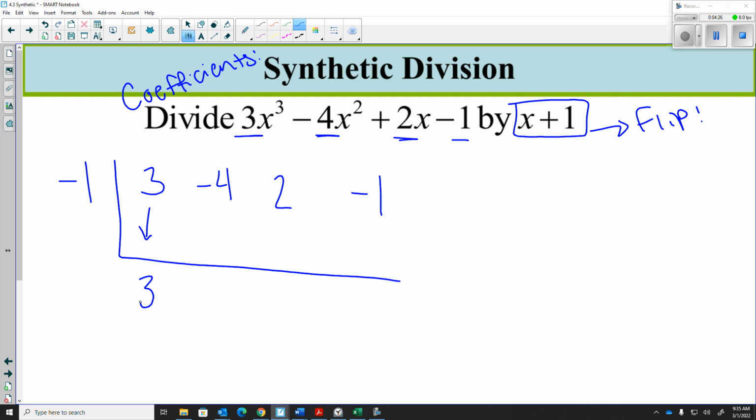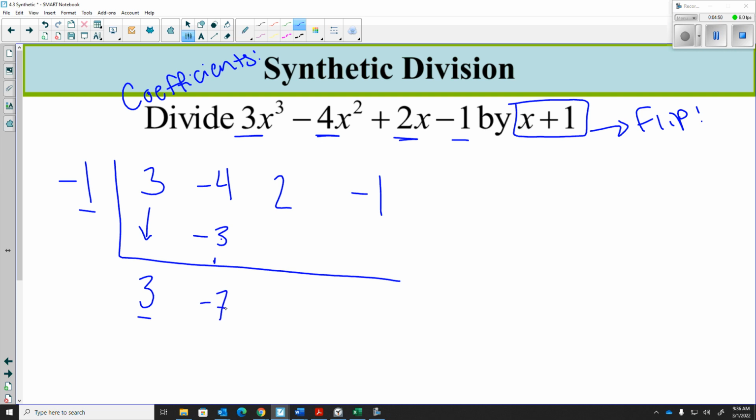I'm going to multiply this by this, okay? So -1 times 3 is -3. I'm going to put that number up here. So I multiply, and then I add these numbers, top and bottom. What's -4 plus -3? -7. Okay?